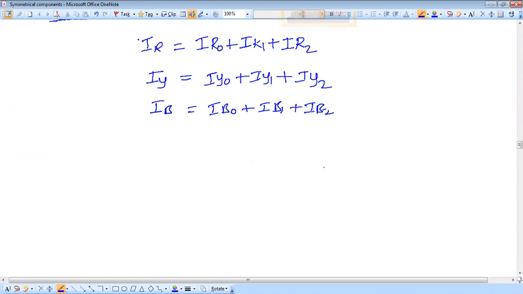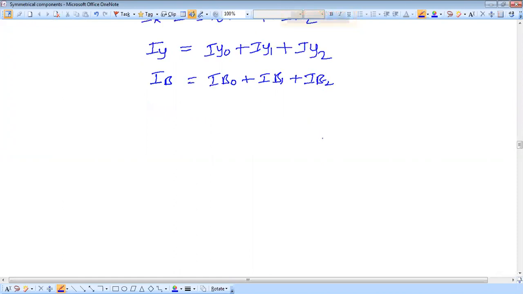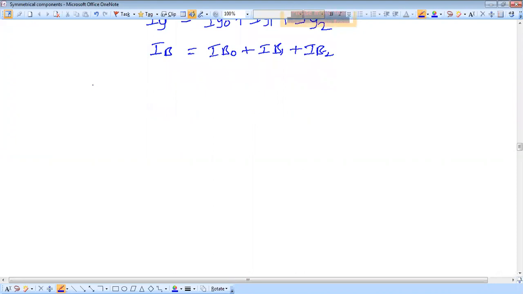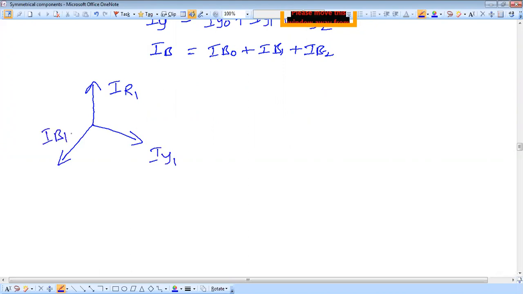Let's discuss. Now, observe this is the vector diagram of the positive sequence component. First, we draw the vector diagram of the positive sequence component: this is the IR1 vector, this is the IY1 vector, and this is the IB1 vector.